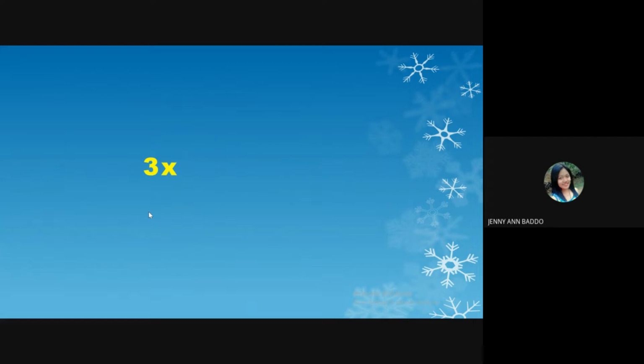Now, how about if the term is followed by an addition symbol and a number? Correct. It's an algebraic expression. And those of you who said polynomial are also right, because a polynomial is an algebraic expression. Now, what if after that algebraic expression is an equal sign followed by a polynomial?